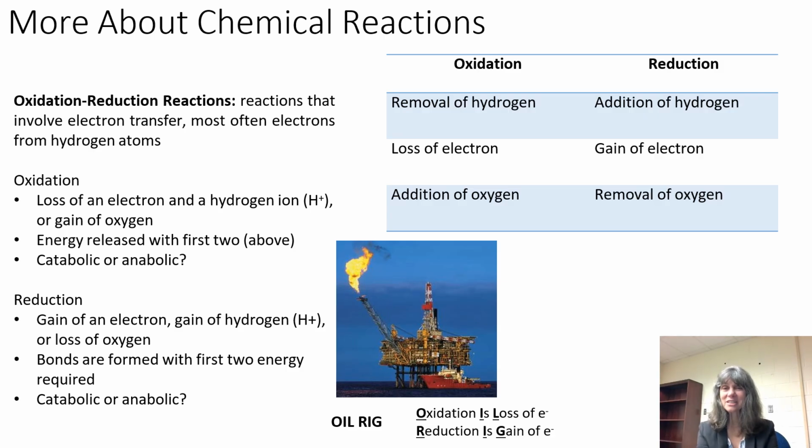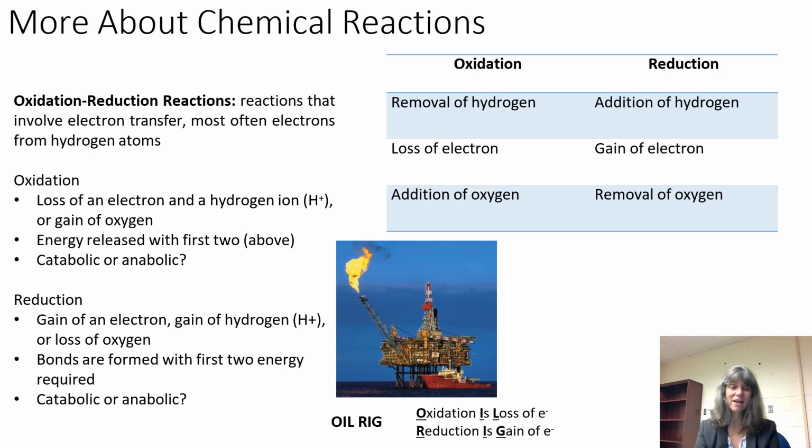Conversely, with reduction, the addition of hydrogen and the gain of an electron would be anabolic, whereas the removal of oxygen in reduction would be catabolic. Remember, catabolic is going to be breaking bonds.